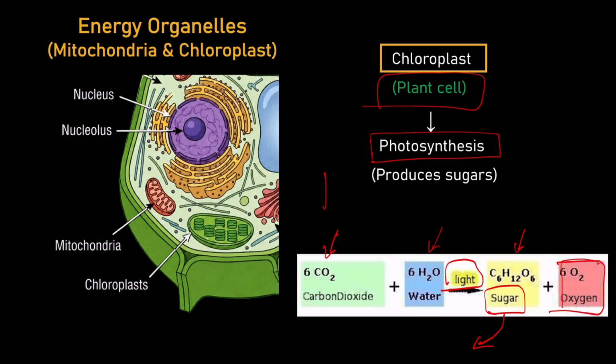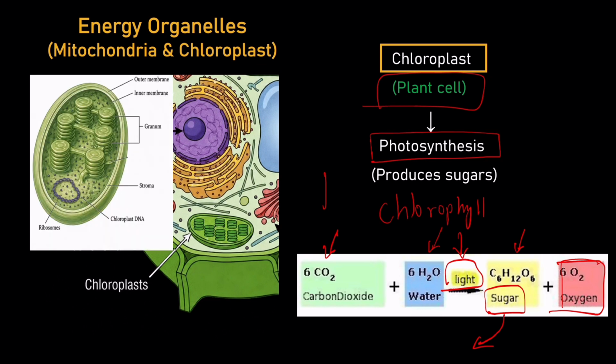Chloroplasts contain a green pigment called chlorophyll, and it is this pigment that is responsible for the absorption of light energy, and this is what drives the reaction of photosynthesis. Like mitochondria, chloroplasts also have their own DNA and their own ribosomes, distinct from what is found in the cell.